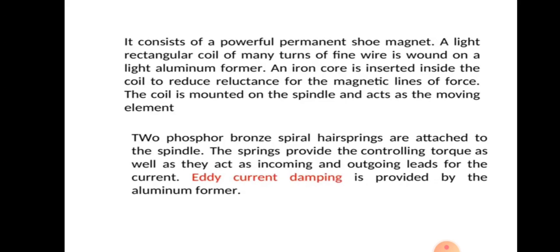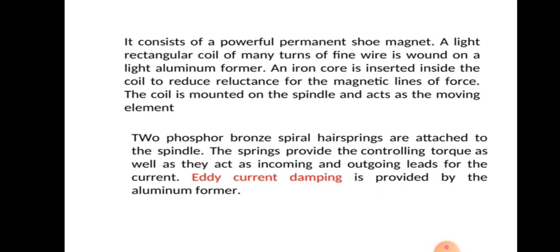So a rectangular coil of many turns of fine wire is wound in the form of a spiral around the aluminum former. In this type of design of the PMMC, an iron core is inserted inside the coil.